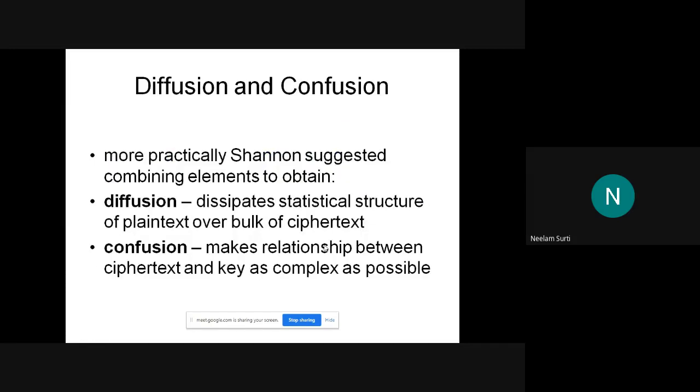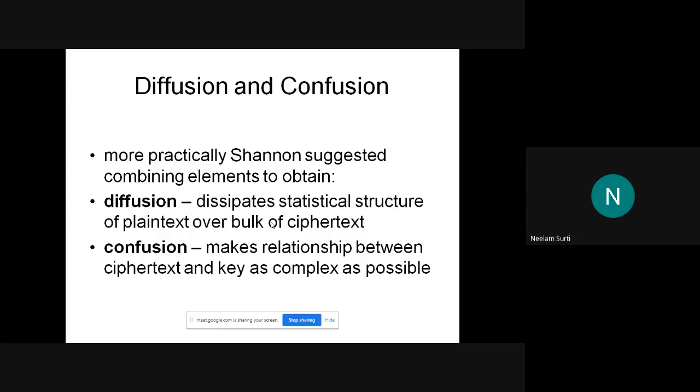Diffusion and confusion properties: in the previous lecture we saw the meaning of diffusion. Diffusion means dissolve. The plain text has to be dissolved in the ciphertext. The ciphertext can be considered as water, and the plain text as some powder or detergent. Each and every drop of detergent should be mixed with multiple drops of water.